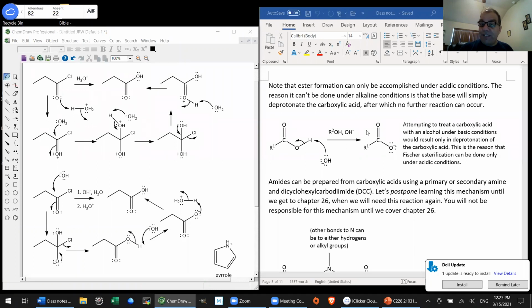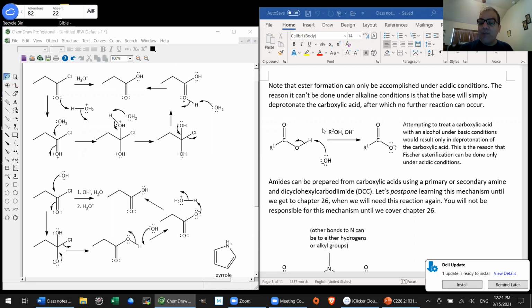The reason that you can't do an esterification under alkaline conditions is your base will just deprotonate your carboxylic acid and then you're done. There's no way you can esterify this. There's no way a nucleophile can add to that carbonyl. It's a species that already has a minus charge. So there is good reason for that.